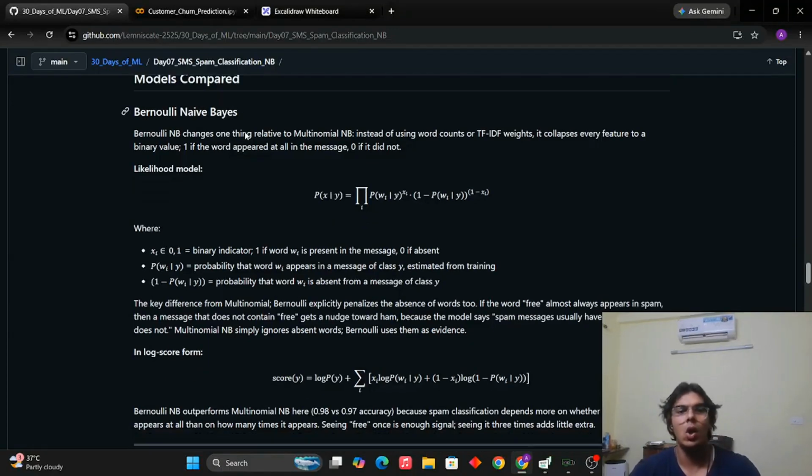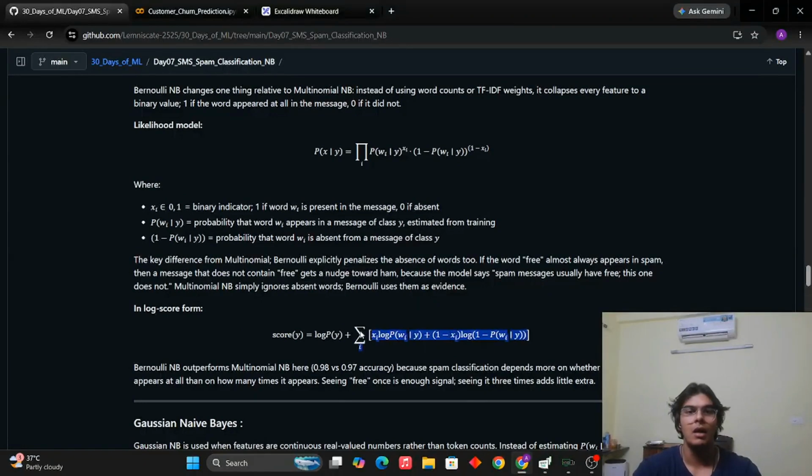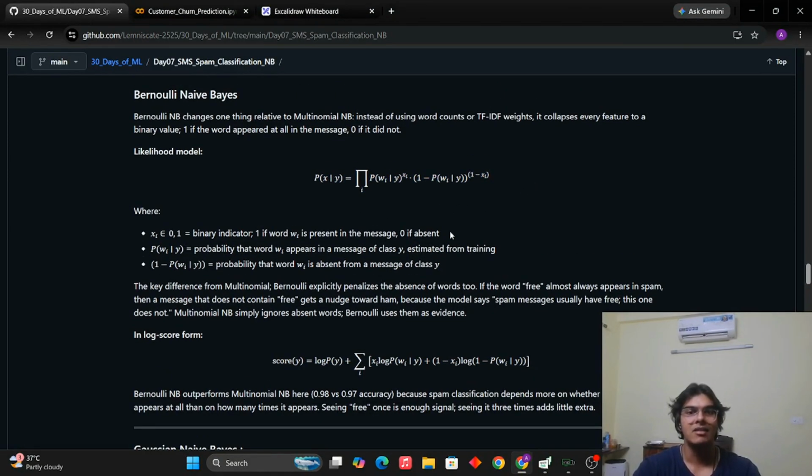Okay, so this is the log score form of its formula. This is its likelihood model. It is obviously different from the multinomial one. Now look at this formula very carefully. This xi is the binary indicator, which means either the word is present or absent. If xi becomes zero, one of these terms gets cancelled.